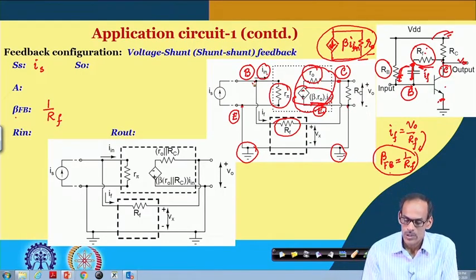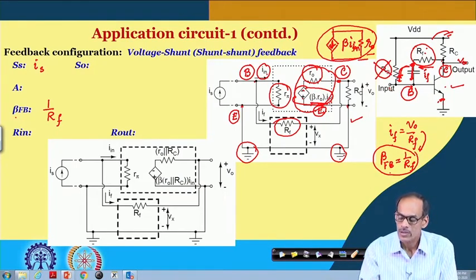So, in summary, this is the small signal equivalent circuit of the amplifier, considering R F in the picture, and of course ignoring the base bias resistance, and at the input we are expecting the signal to be current.